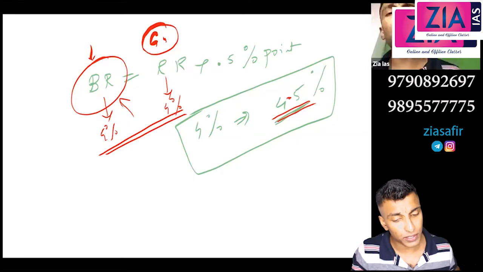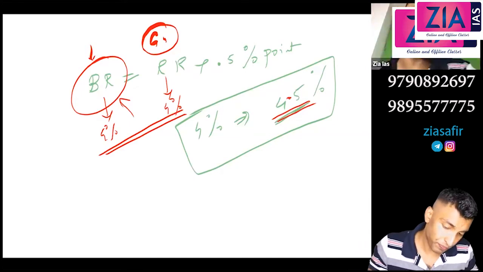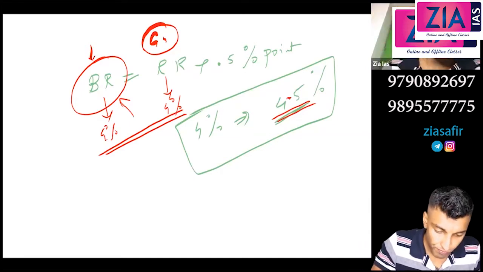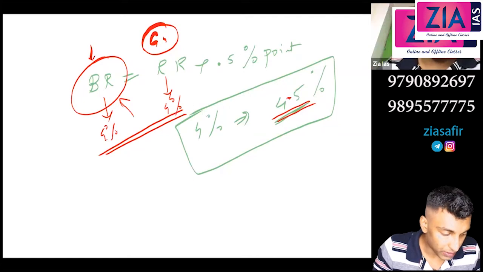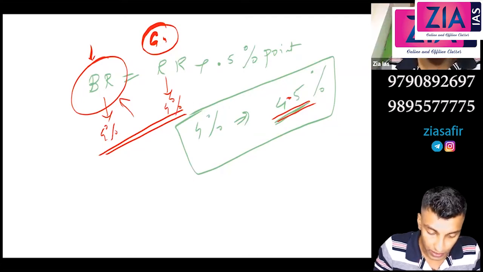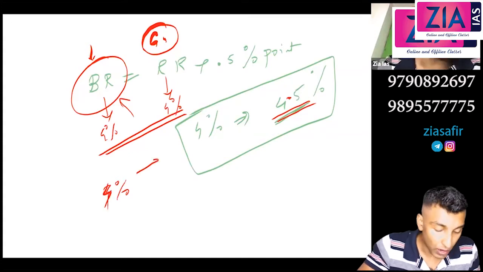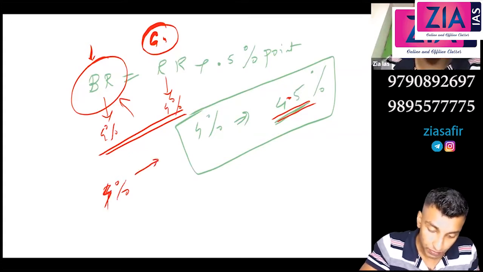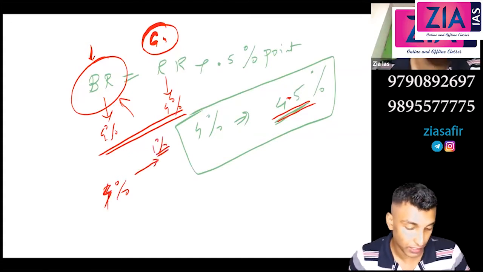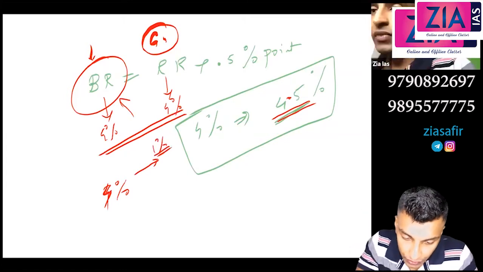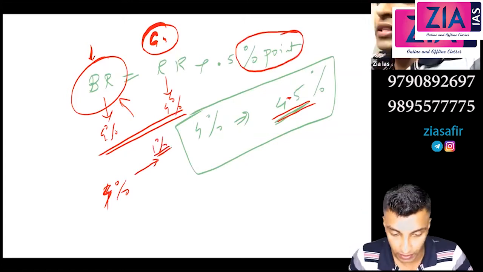What is the difference between percentage and percentage point? Let's suppose I'm saying CRR is 4%. If I'm saying percentage, what is, let's say, 1% of this 4? Here, if you see, I've told you percentage point.